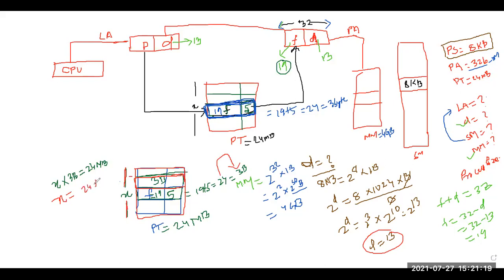So X equals what? 24 MB means 2 to the power of 20 bytes by 3 bytes.